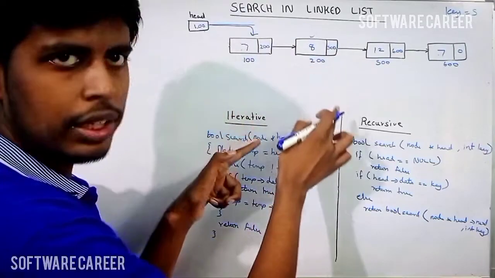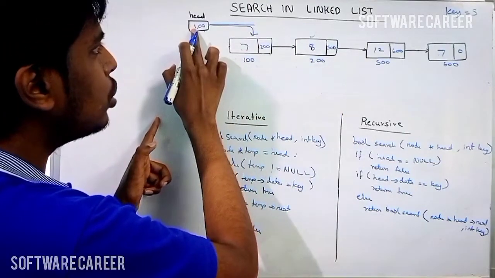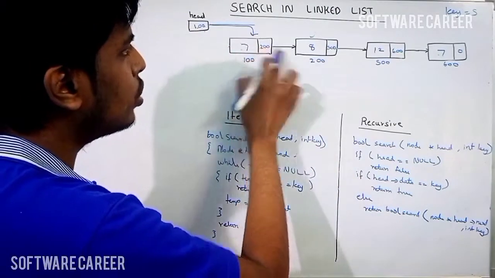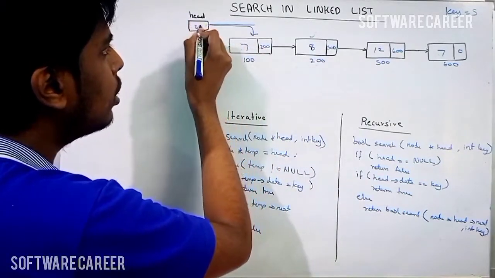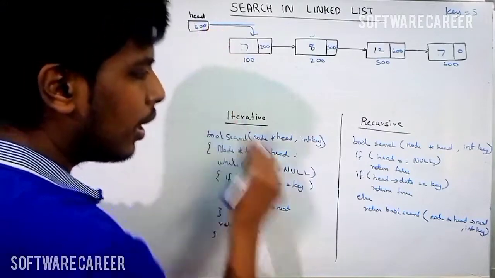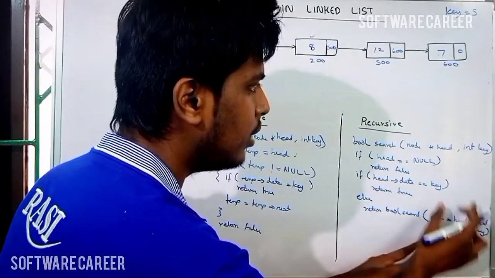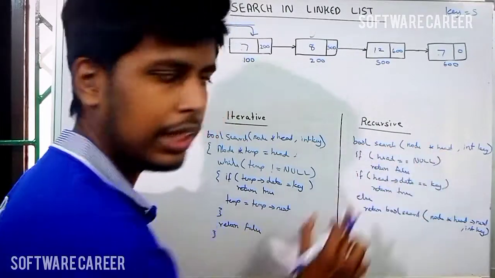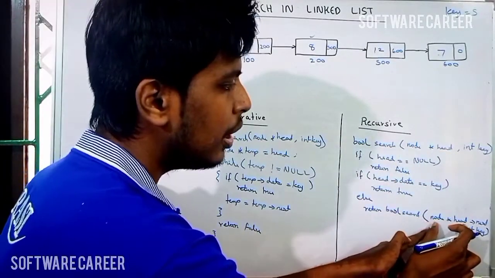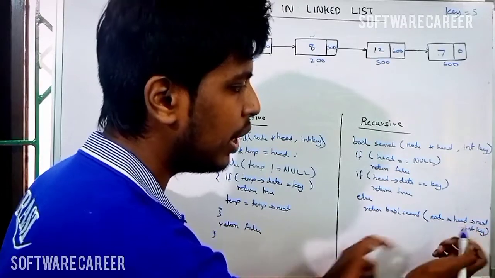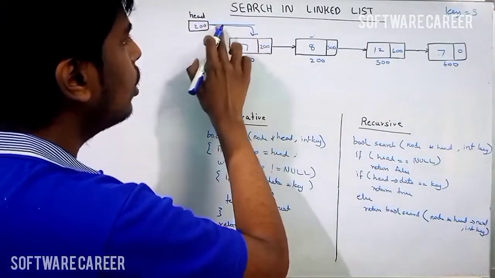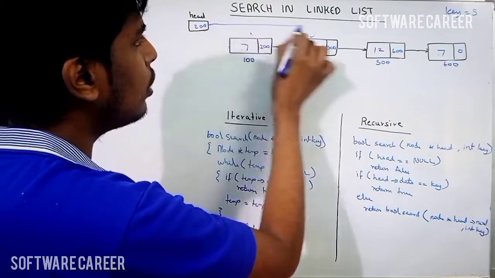Now you should move to the second node, which means head should be equal to head next. Head next is 200, so 100 will change to 200. The searching function takes the parameter head. Now in this next step, I am changing that head parameter to head next. Head next is 200, so this will be 200.